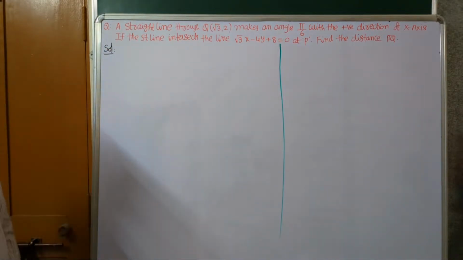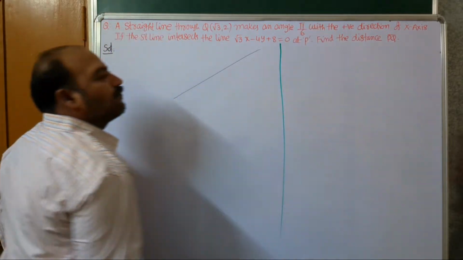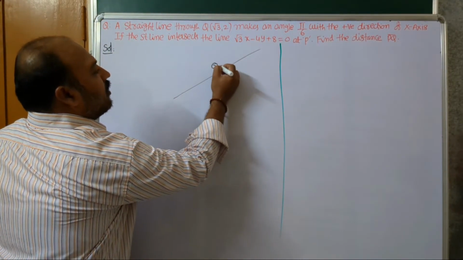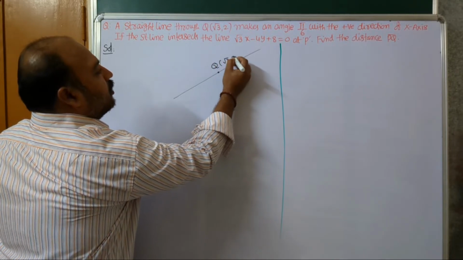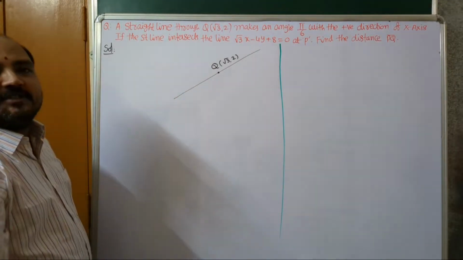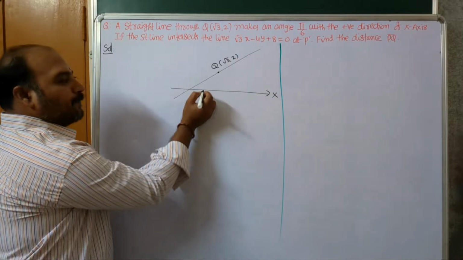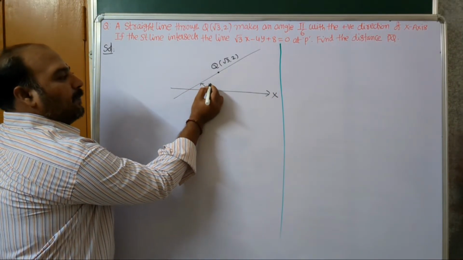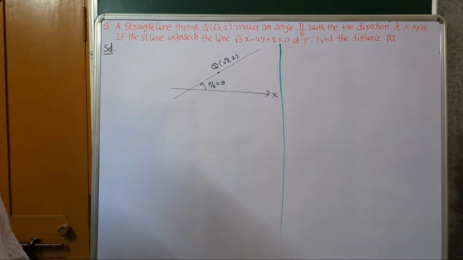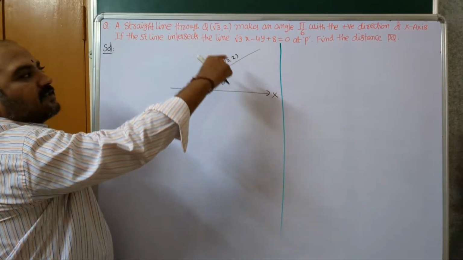A straight line through the point Q of root 3 comma 2 makes an angle pi by 6 with the x-axis. This is the x-axis, and the angle pi by 6 is equal to theta with the x-axis.